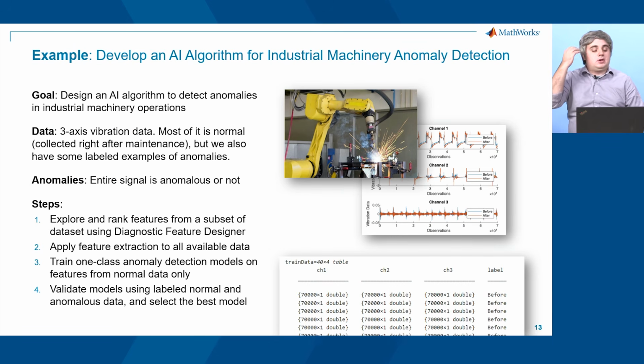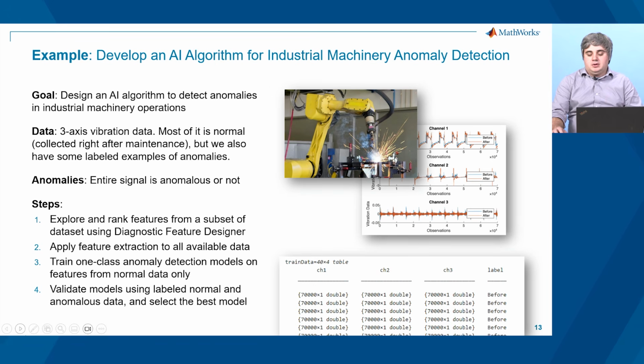So we're going to come back into MATLAB in a second, but here's the example data we're working with. This is some 3-axis vibration data, so it's 3 time series instead of the 1 that we were working with before, broken out into a bunch of different chunks. You can see that we've essentially buffered the data into 70,000 sample sections.